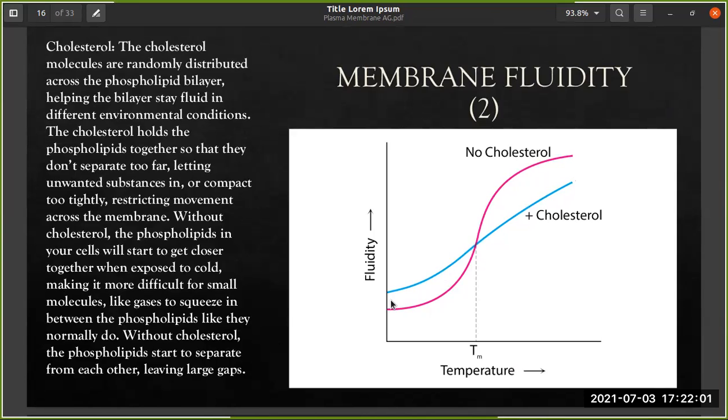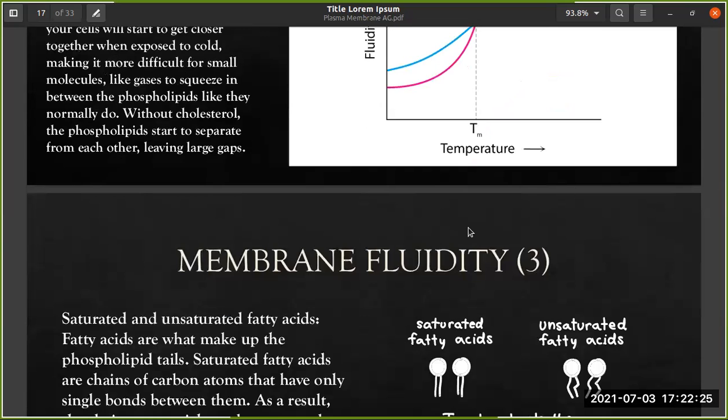But when there is high temperature and no cholesterol, you can see more fluid. The lines show how fluidity increases, and as it increases you have a higher amount of fluidity. But when there is cholesterol, it's less. So cholesterol maintains the membrane fluidity.